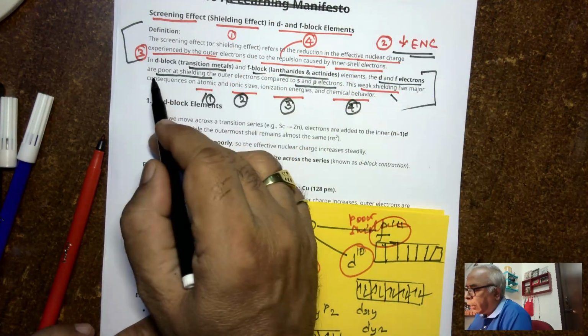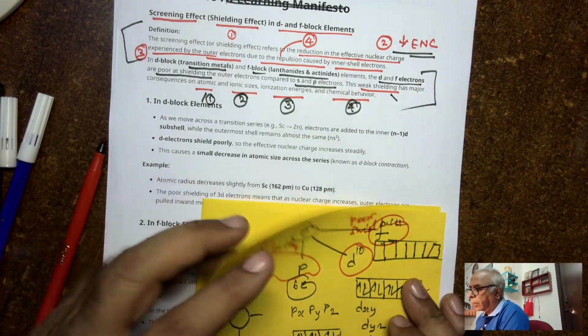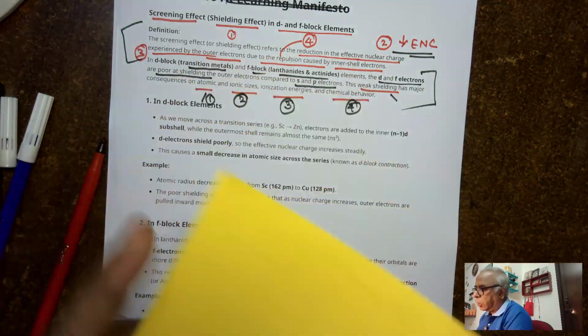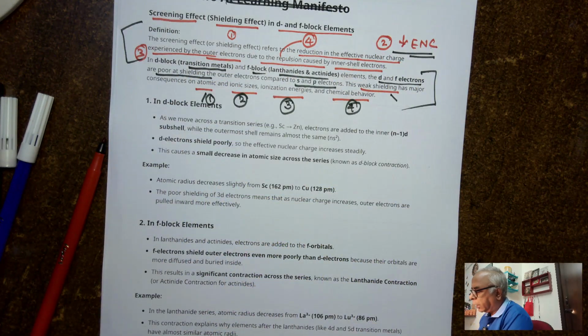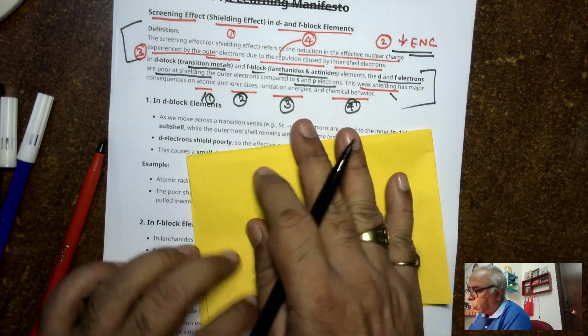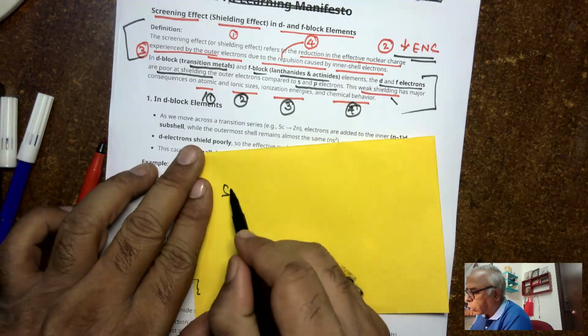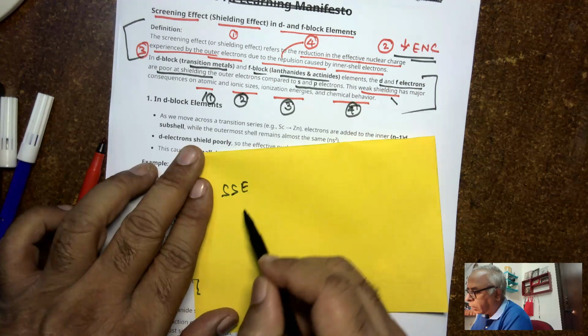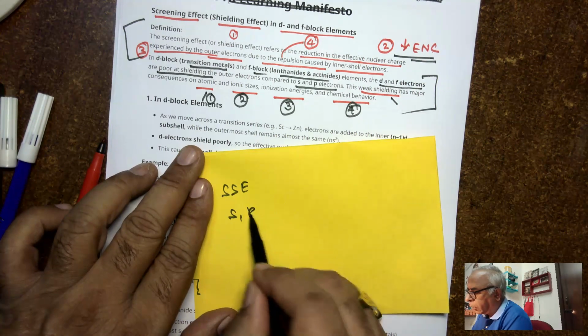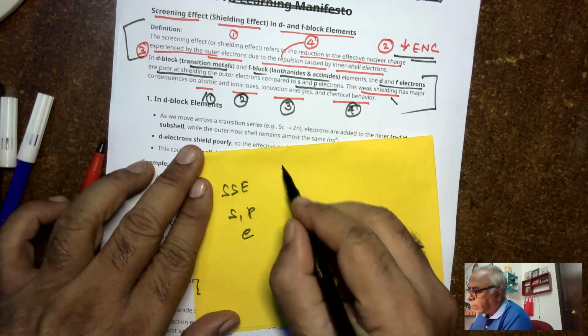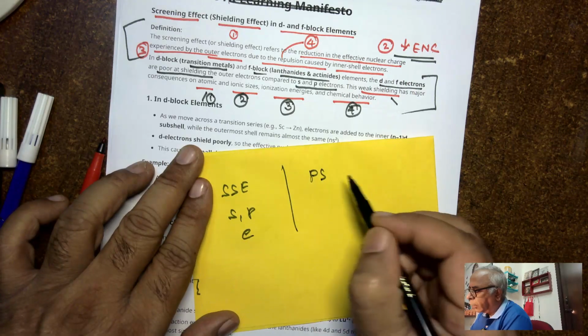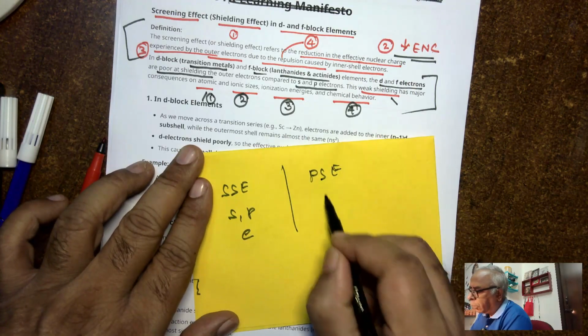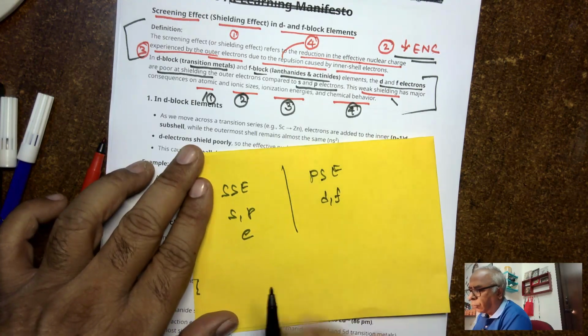And here they talk about the screening effect in two ways. One is strong screening effect. Another is poor screening effect. The strong screening effect means strong screening by s orbital and p orbital electrons, whereas poor screening or shielding effect is by d orbital and f orbital.